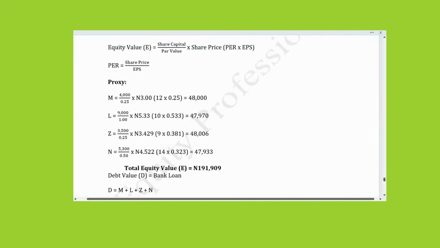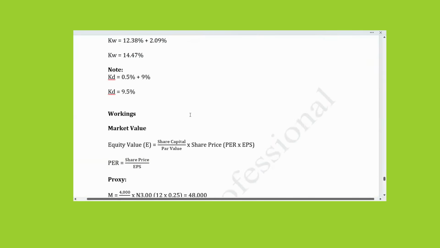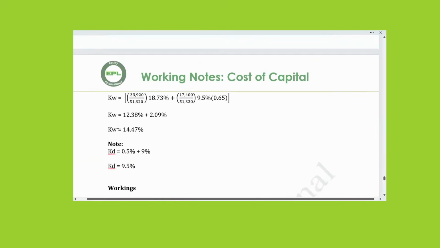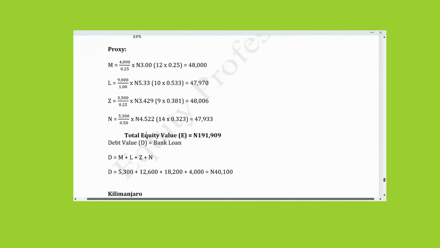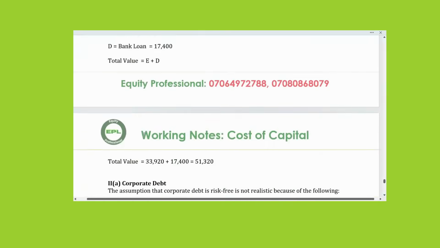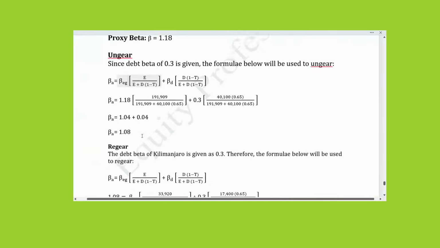When debt beta is introduced, our cost of capital is reduced marginally. If you want to do further analysis, you can say 14.47 minus 14.29 divided by 14.47. That will give you the percentage reduction when debt beta is introduced. So that's basically that.